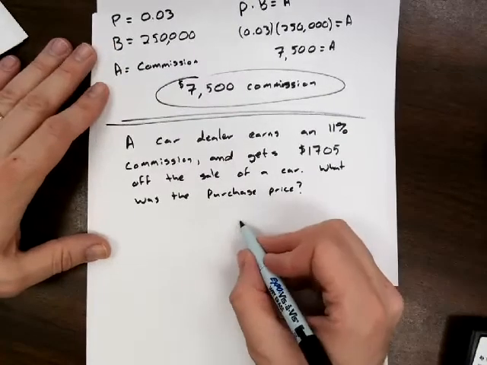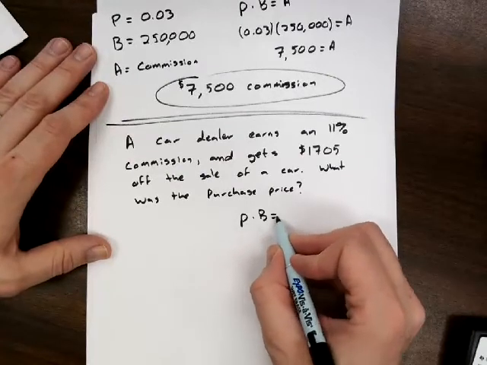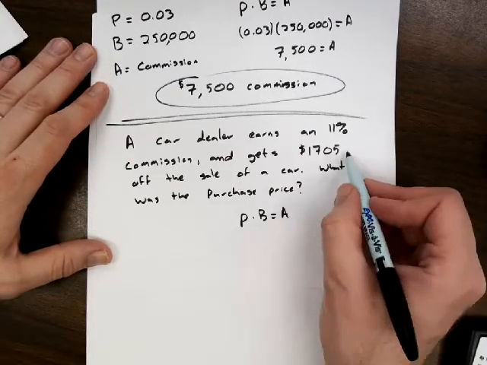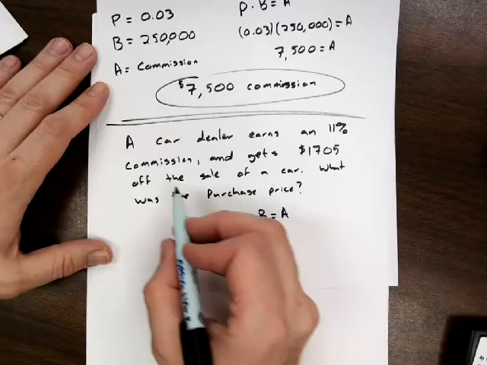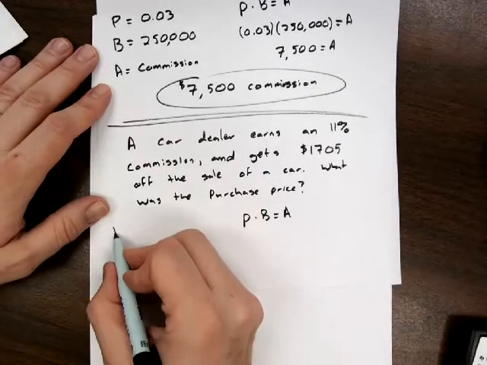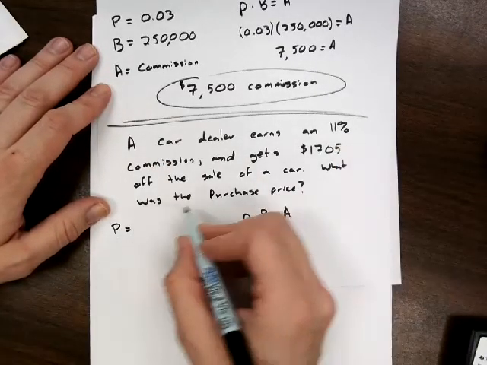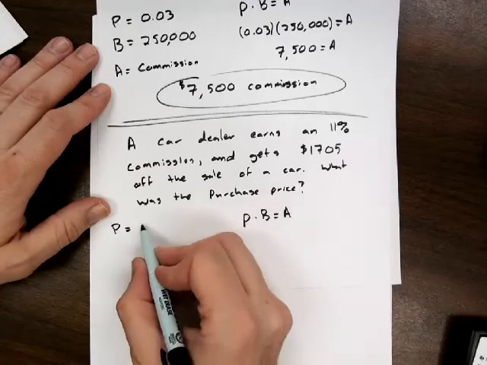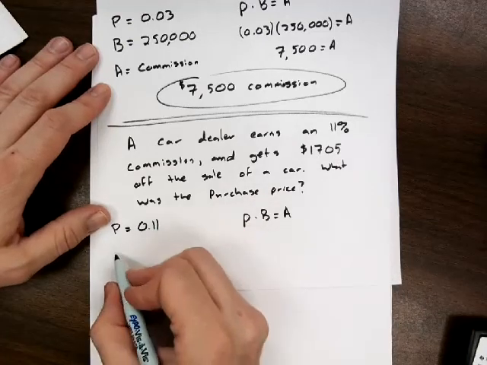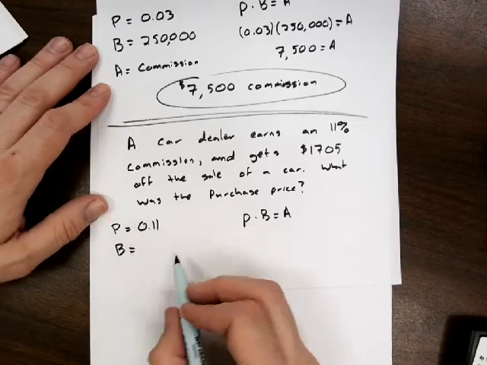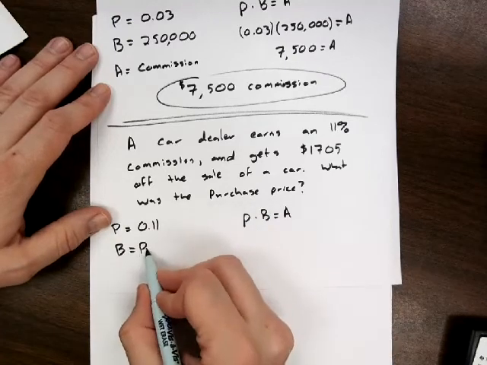Again, percent times our base is equal to our amount. Here we're told the amount of the commission, but we don't know the sales price. So our percent here is going to be that 11%, so 0.11. The base is what we're looking for. We need to find that original purchase price.